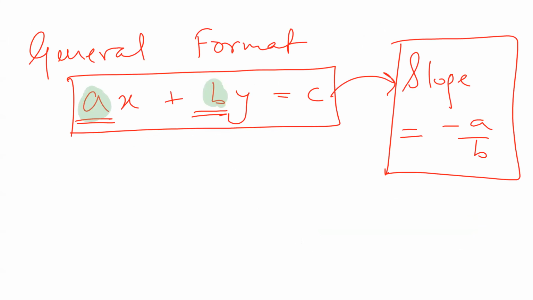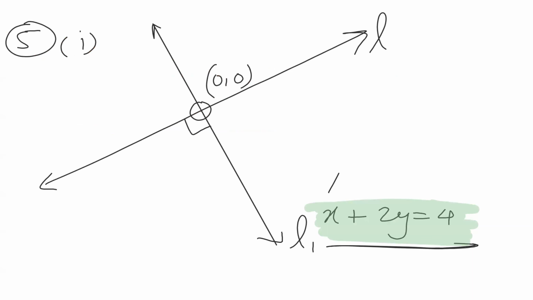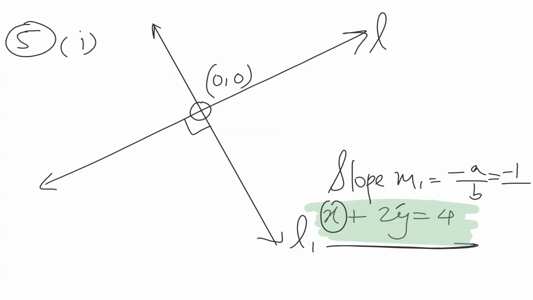Using this, we can calculate the slope. So the slope, let's say m1, is equal to minus a by b. What's a? a is the coefficient of x, that is 1, and b is the coefficient of y, that is 2. So m1 is equal to minus 1 by 2.